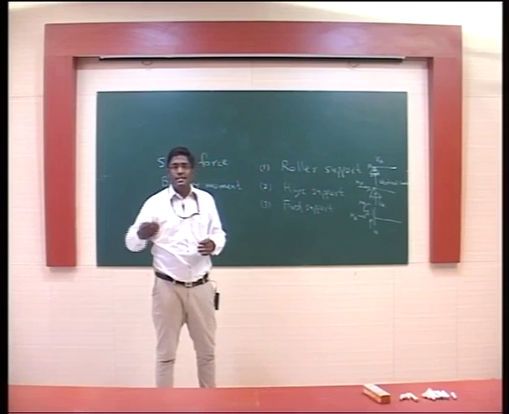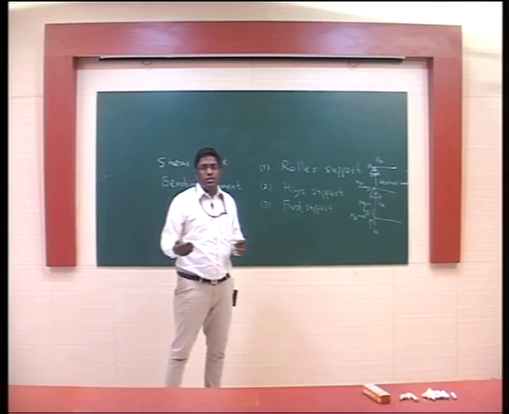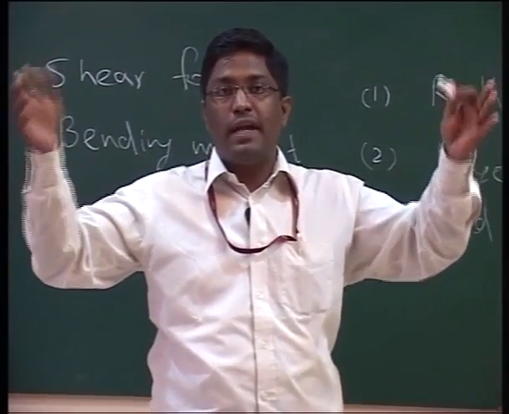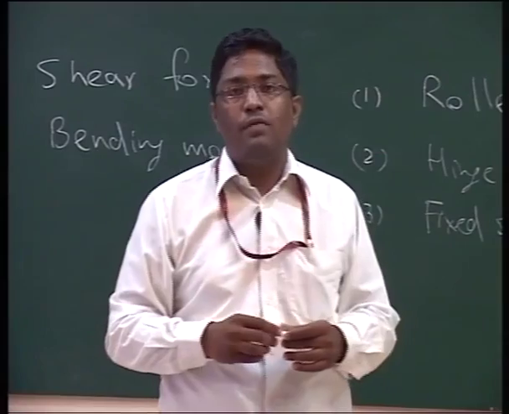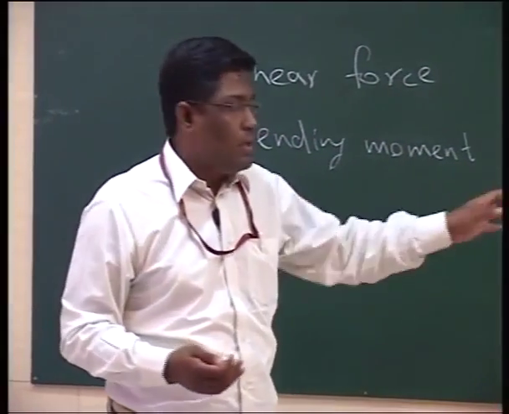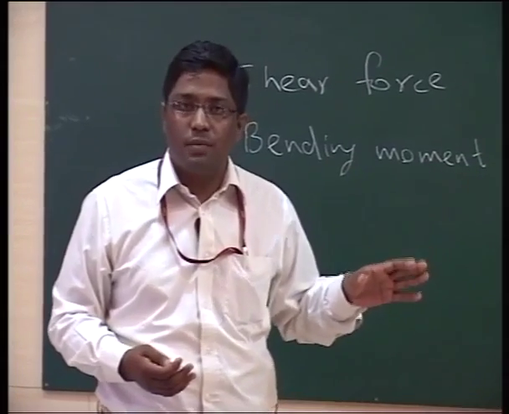Whereas if the RCC work is there, that means the foundation and the columns all are created by RCC work, and then we have a beam of RCC, then that particular beam is known as fixed beam, or the supports are known as fixed supports.